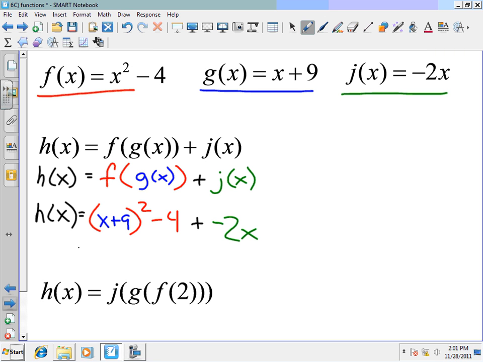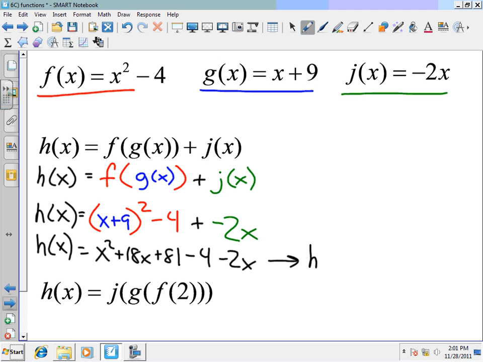So now we're going to go through and clean it up and say, okay, x plus 9 squared is simply x squared plus 18x plus 81, okay, minus 4 and then minus 2x. And all we're going to do then is simplify it by combining like terms. So we have x squared in front. We have 16x by combining the x's. And we have plus 77. And that should do it there.